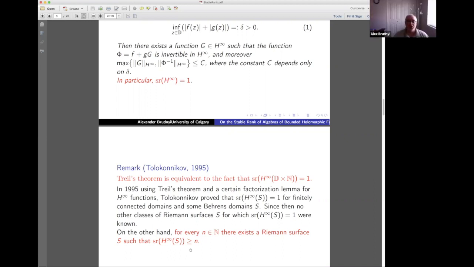So the basic result of Vaserstein computes the stable rank of matrices over an associative ring, provided that you know the estimate of the stable rank for this ring. Then you can find the stable rank of matrices over this ring.